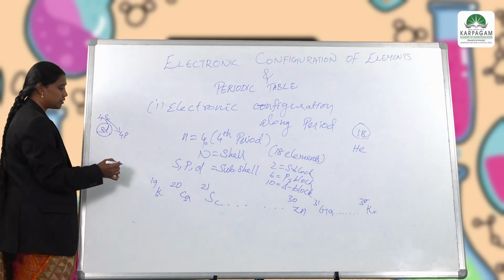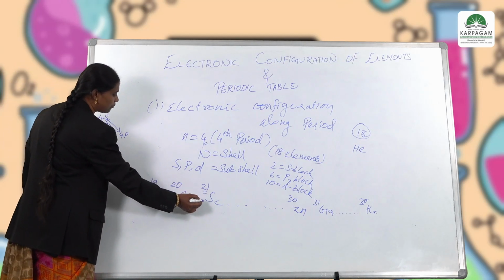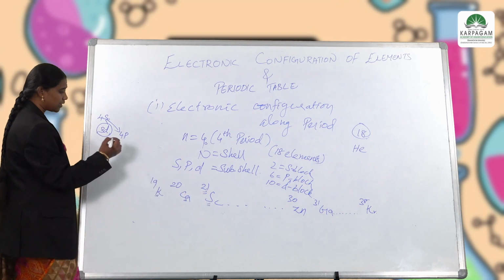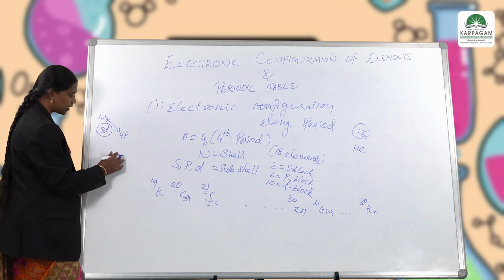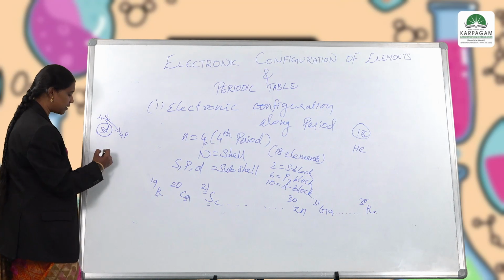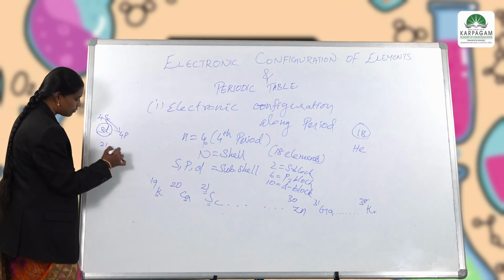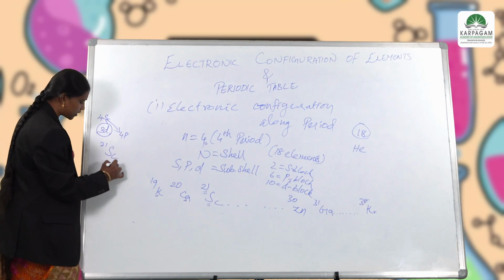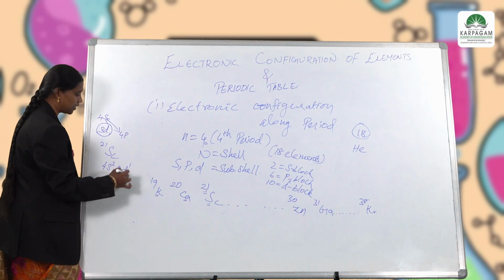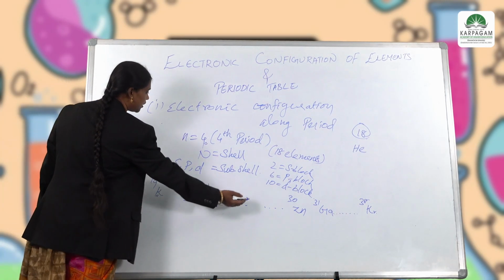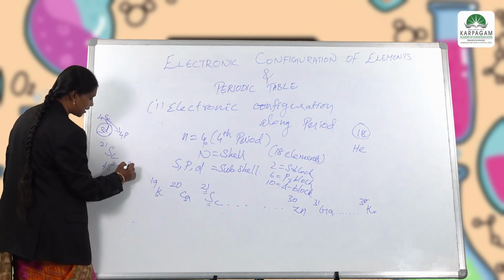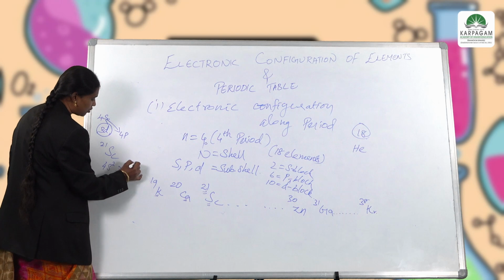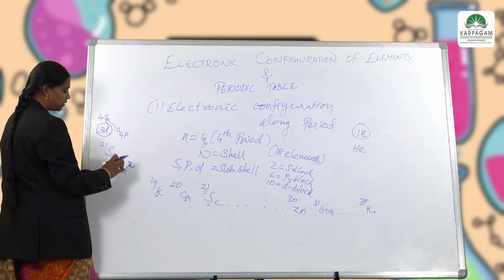So for scandium, 21, the higher valence electronic configuration is written as 4s2 3d1, and along this period, at 22, the second electron is filled in the d orbital.